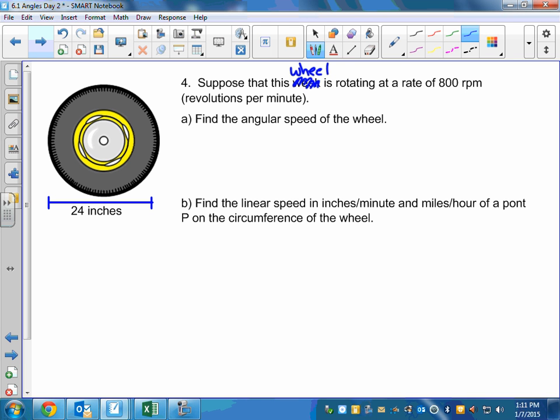Notice they give us the wheel's diameter is 24 inches, which means our radius would be 12 inches, right? And angular speed is really just converting what they give us. They're telling us that this wheel is turning 800 revolutions in 1 minute.